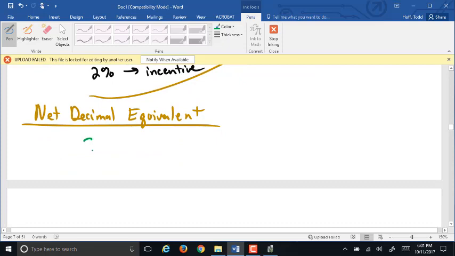We have an 8-5-2 discount. If it's an 8% discount, what would be the net rate? Remember when we had a 12% discount, it was 0.88. When it's 8%, it's 0.92. That's 100 minus 8 is 92%, and we make it into a rate. We move the decimal point to make it 0.92.